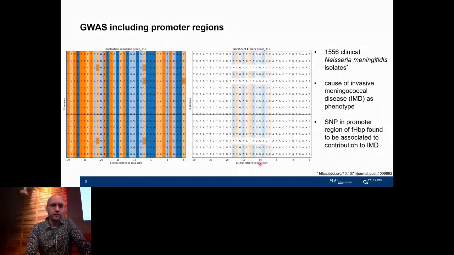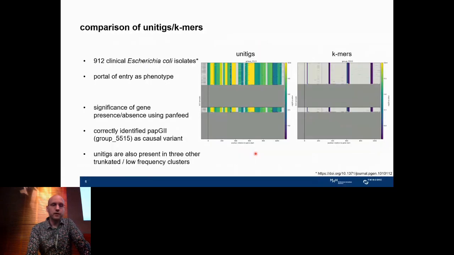Similar to the plots before, we can see the nucleotide position relative to the gene start on the x-axis, and our strains, this time the full 912 strains, on the y-axis, divided into phenotype positive and phenotype negative. This time the colors represent the association p-value, meaning a brighter color represents a lower association p-value, or a stronger association.